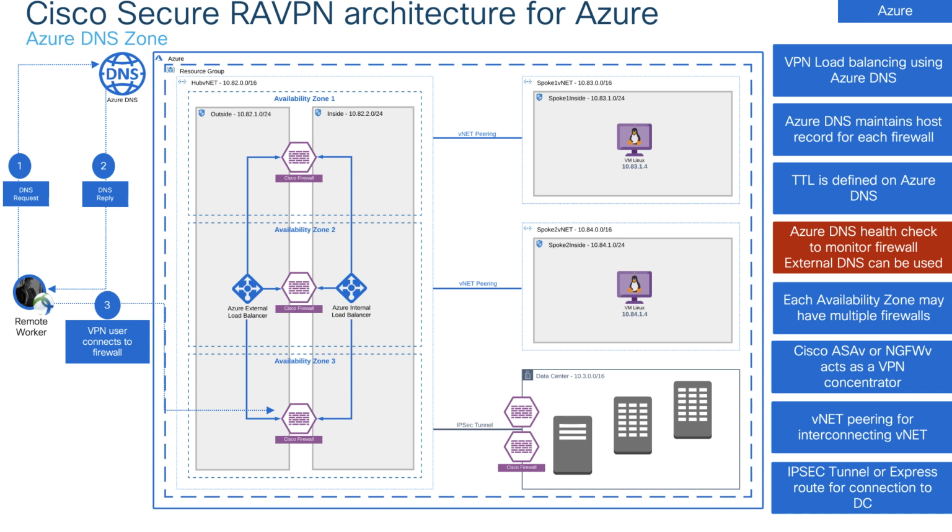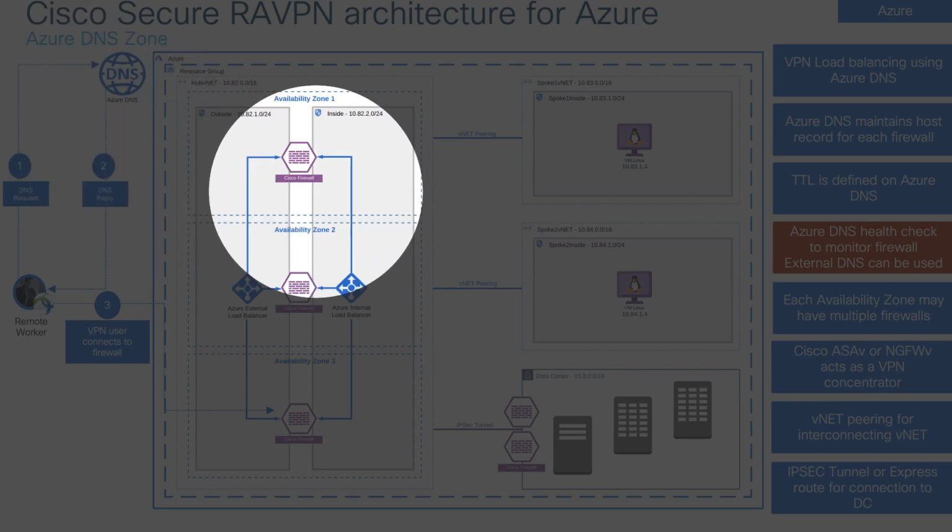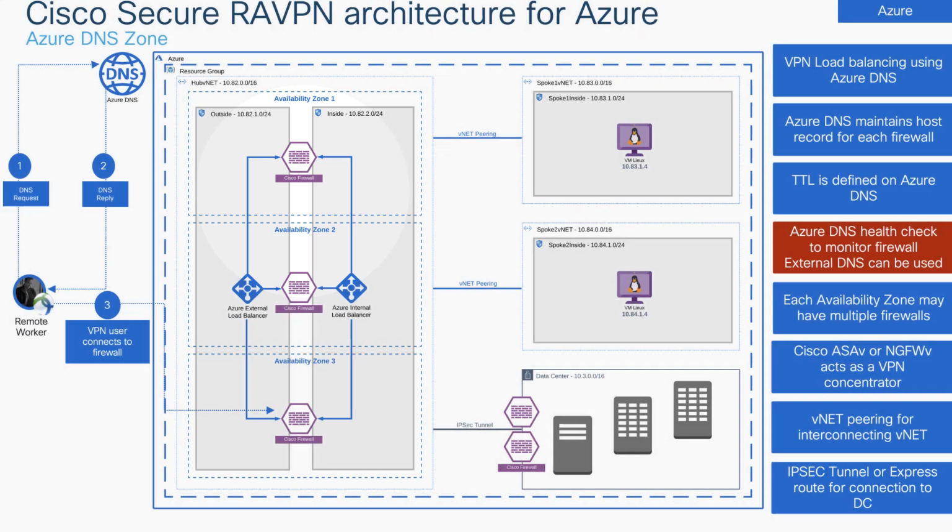Even if your firewall is no longer available, your DNS doesn't know anything about that, and DNS will still forward traffic to that particular device. So if you have any other DNS which can do a health check of these devices on, let's say, port 80 or 443, you can enable that functionality as well.